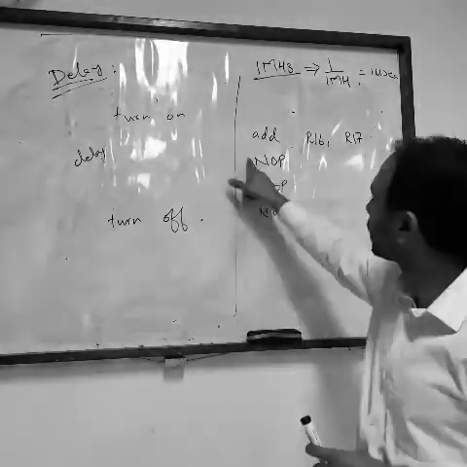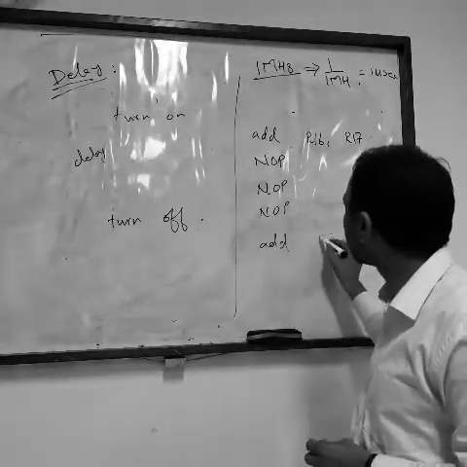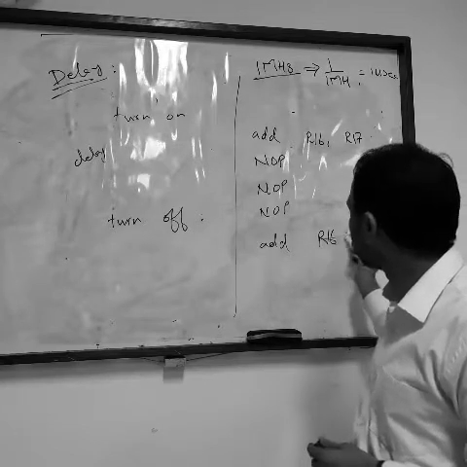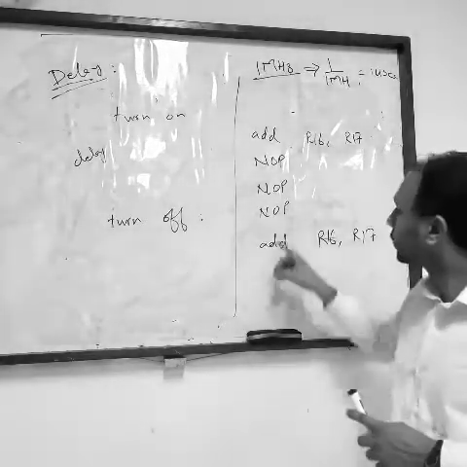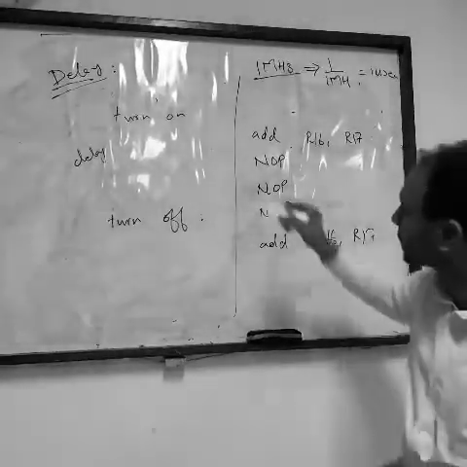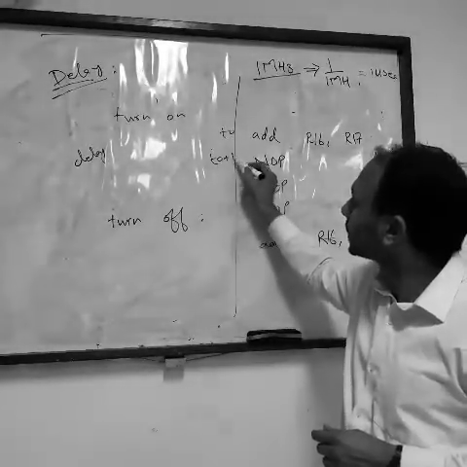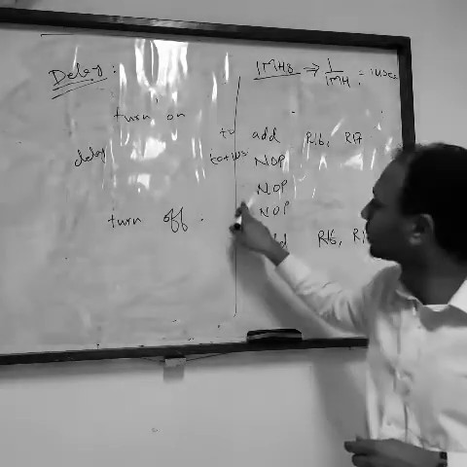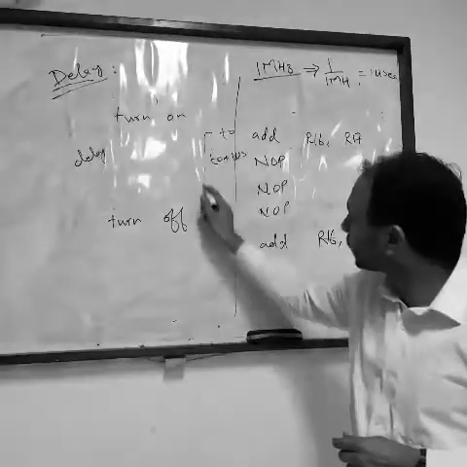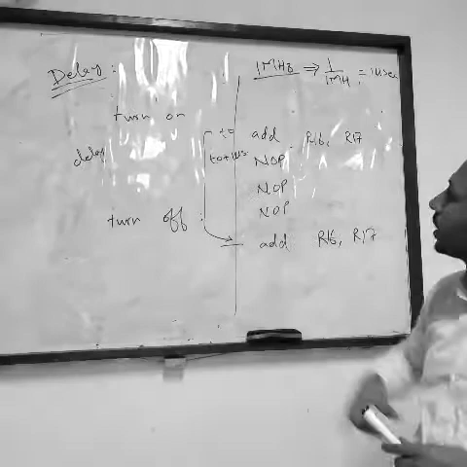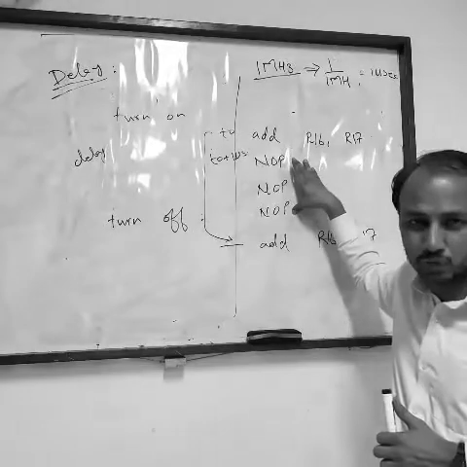So if these three instructions each take 1 clock cycle, and here I again use add R16, R17, repeating the process, then if the first instruction ran at time t0, the next runs at t0 plus 1 microsecond, plus 1 microsecond, plus 1 microsecond. After 3 microseconds this instruction gets executed.